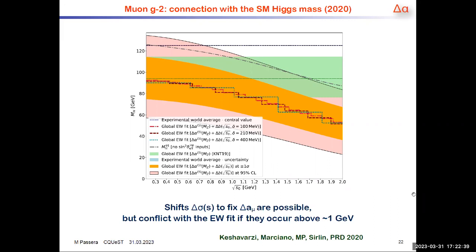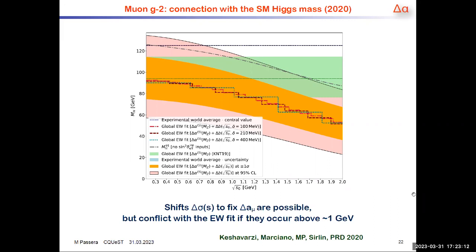So as you see, if you change the cross-section above, well, if you look at the plot, 0.7 roughly, above 0.7 GeV, then the upper bound at 95% confidence level goes below the Higgs mass. So you start to have a tension. So roughly speaking, 0.7 is at 95% confidence level. You can go to 3 sigmas and then it will become 1.2, 1.3 GeV.